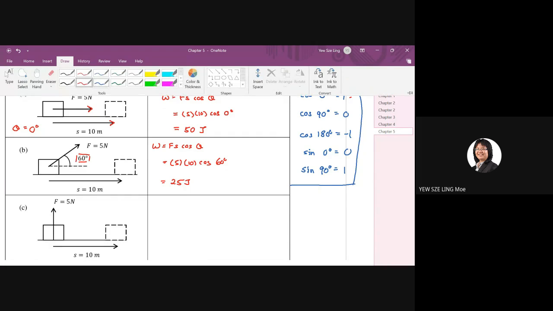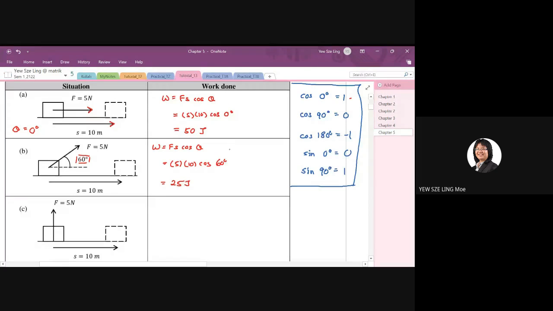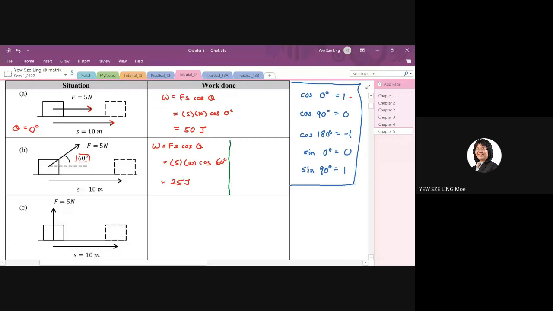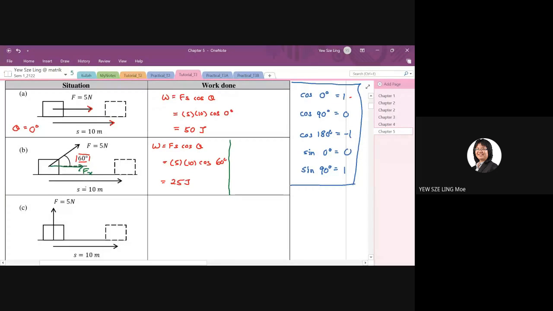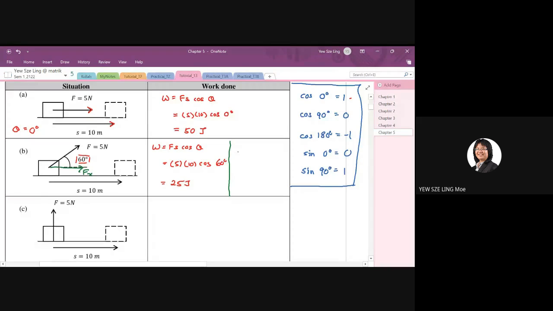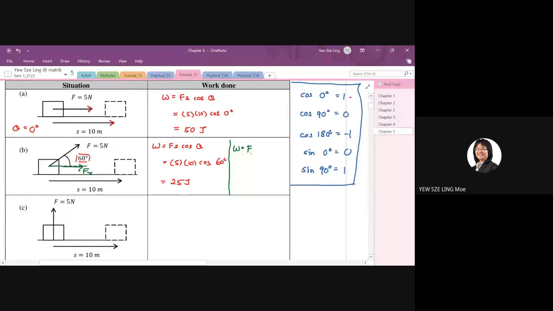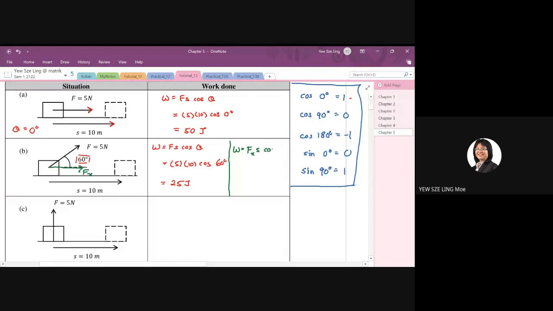Now let's try the second method. Some books don't do it like this. What they do is resolve the force first. What does it mean to resolve the force? Look at the diagram. If you resolve the force, you will get an Fx that is pointing in the same direction as your S. They use this Fx in their calculations, so W equals Fx s cos theta.